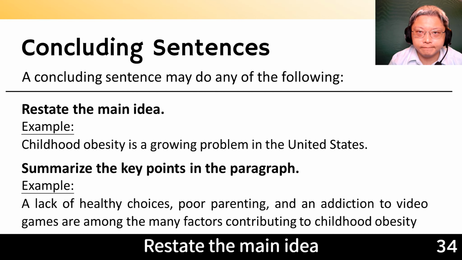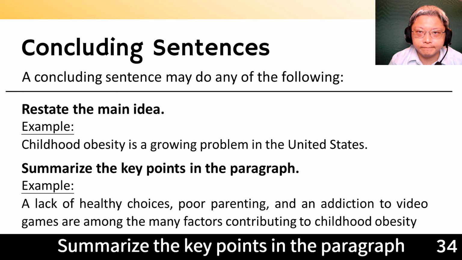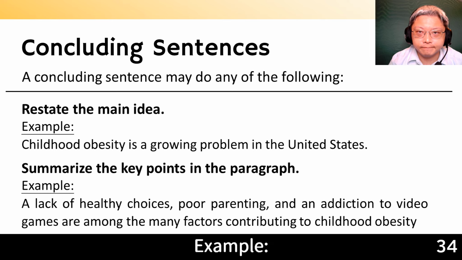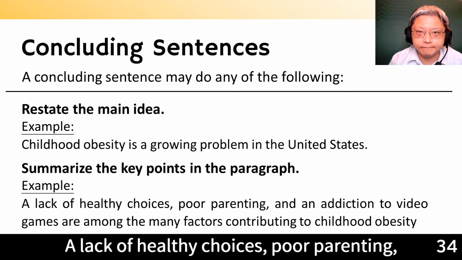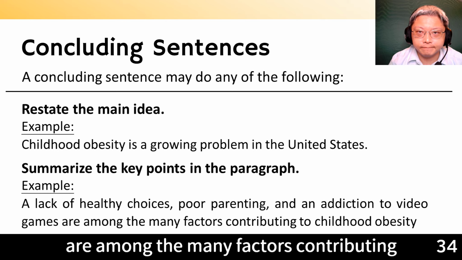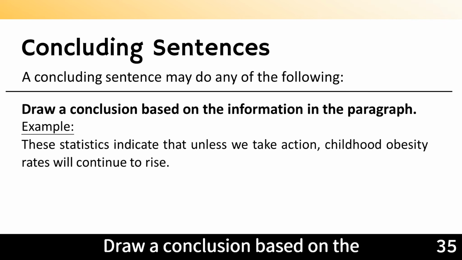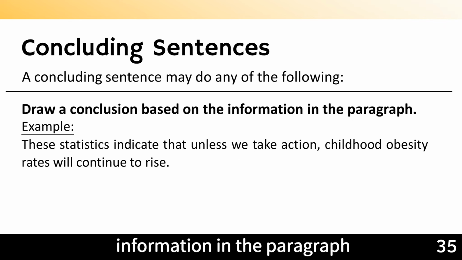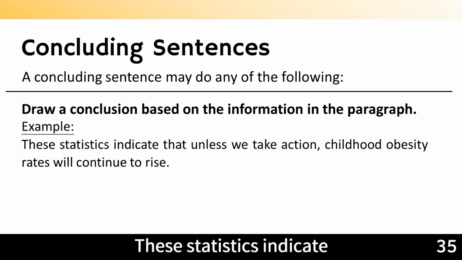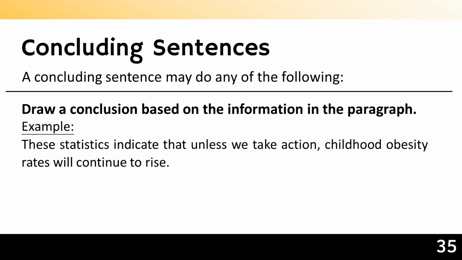Restate the main idea. Example: childhood obesity is a growing problem in the United States. Summarize the key points in the paragraph. Example: a lack of healthy choices, poor parenting, and an addiction to video games are among the many factors contributing to childhood obesity. Draw a conclusion based on the information in the paragraph. Example: these statistics indicate that unless we take action, childhood obesity rates will continue to rise.